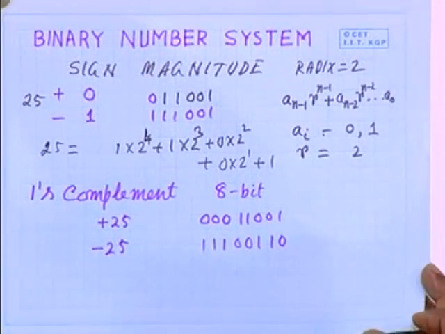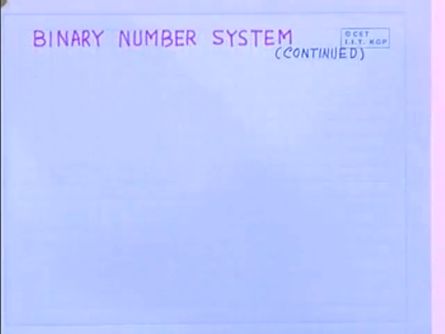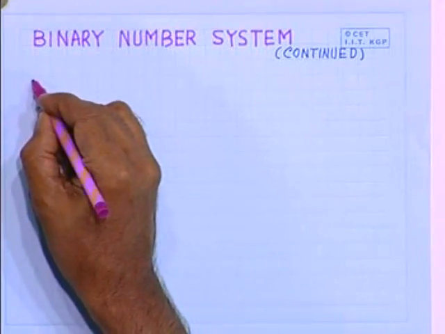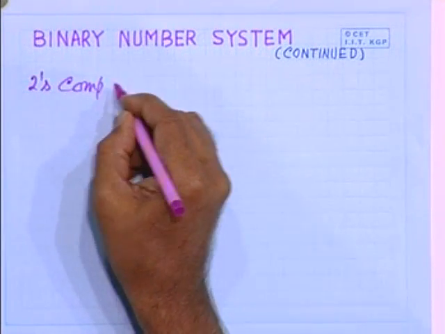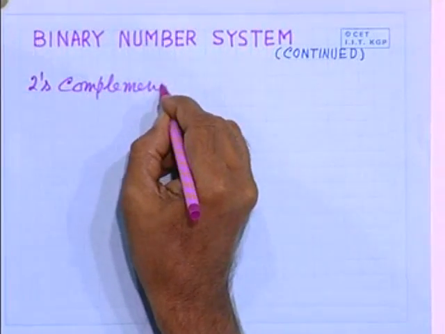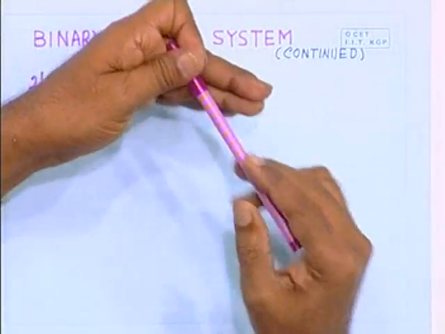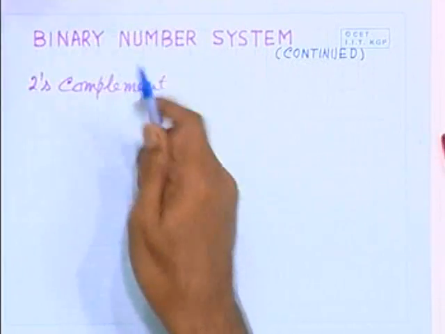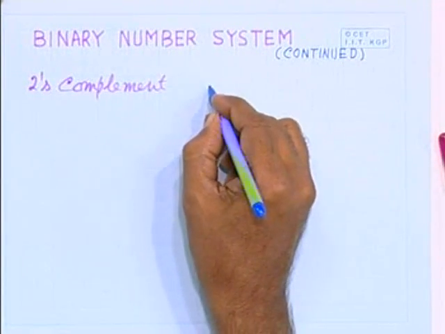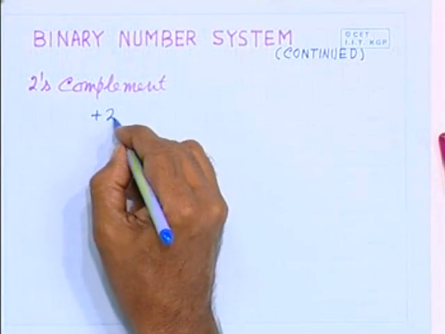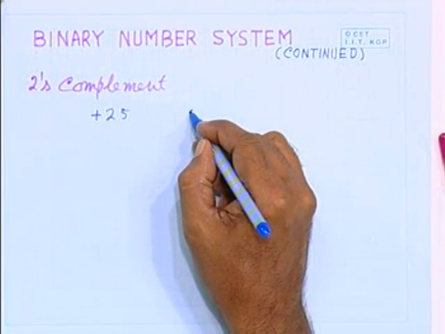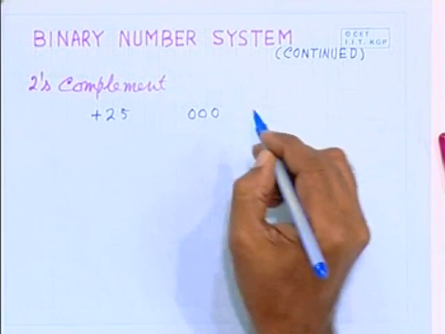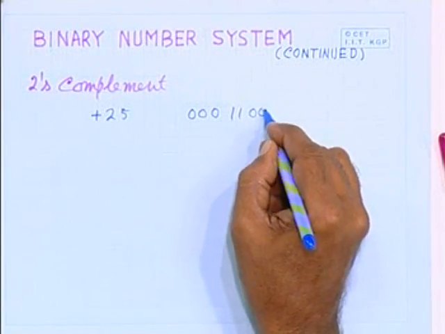And there is another alternative scheme that is used in binary number system, known as 2's complement number system. In 2's complement number system, the positive number, say plus 25, is represented in the same way, 0 0 0 1 1 0 0 1.